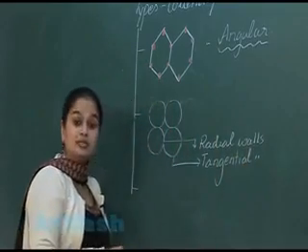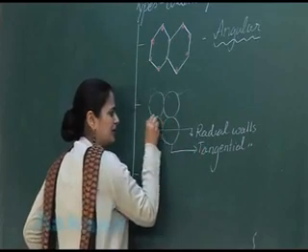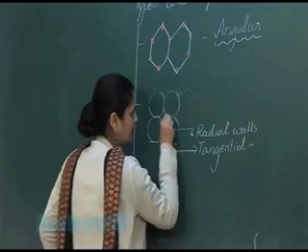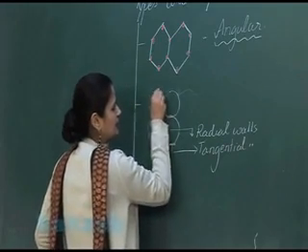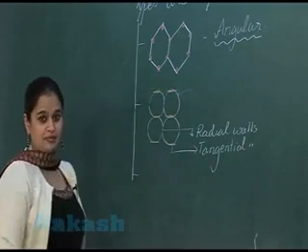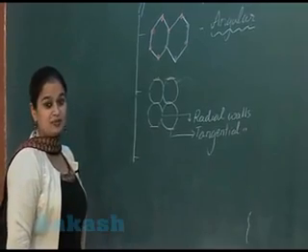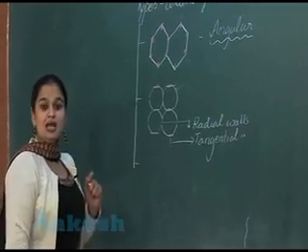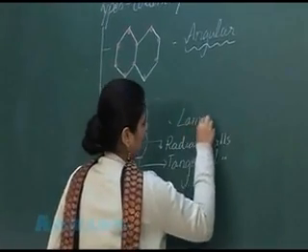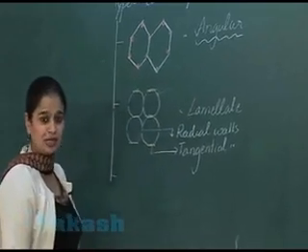Here the thickenings are present on the tangential walls, in the form of plates, in the form of lamellae. That's why this type of collenchyma is known as lamellate collenchyma.